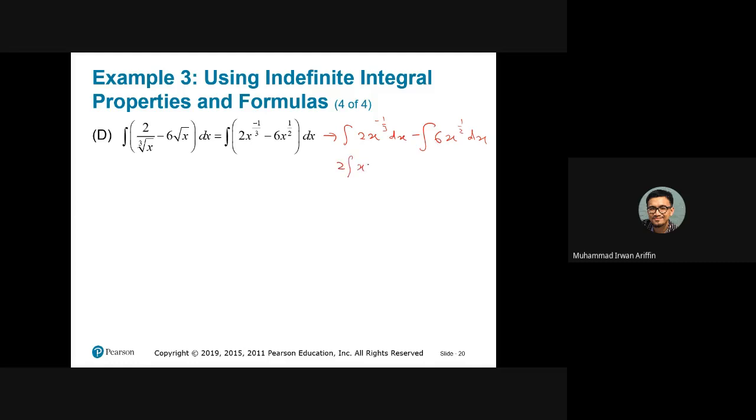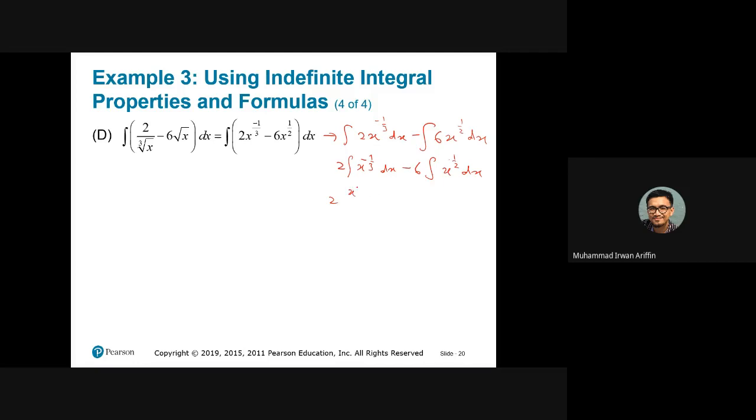So this is x to the power of negative 1 over 3 dx minus, again, 6, we can bring it to the front, x to the power of 1 over 2 dx. So now we can do the operation.